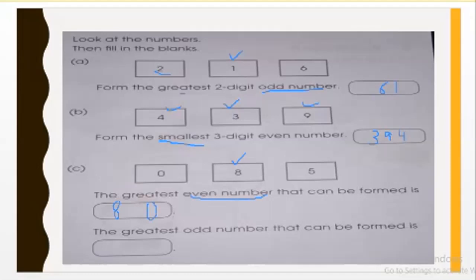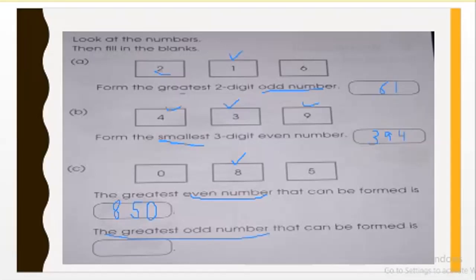And 5, which is odd, will definitely come in the middle. Both are even numbers, but if you swap the places, they will change into the smallest even number.